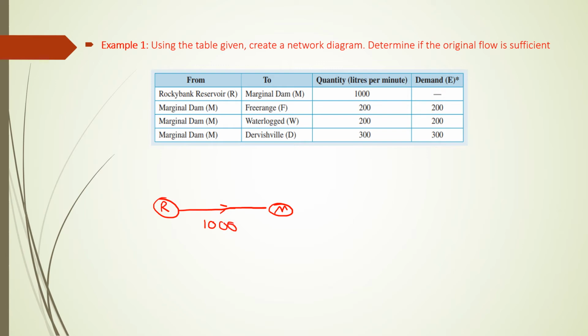Now from the Marginal Dam, we can see from the table up here that it's feeding the 3 towns: Free Range, Waterlogged, and Dervishville.